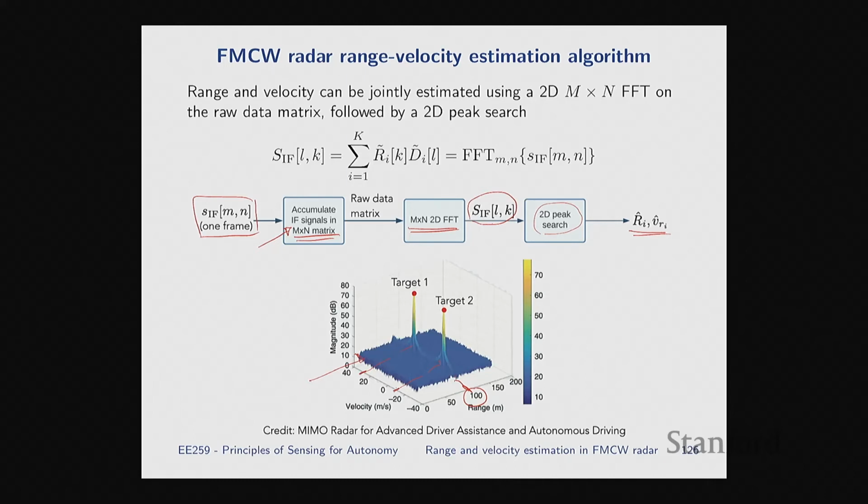But the point is, you can do target detection on this. For instance, if you apply a threshold and keep everything above a fixed threshold, that could give you your targets. That's one way of doing target detection.